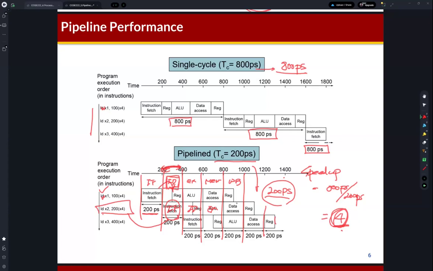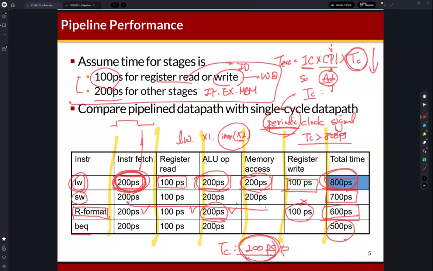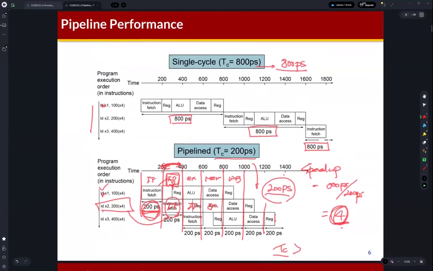It is because the TC, the clock period, is determined by the longest delay, and the longest delay is 200 picoseconds, right? Actually, the time for each stage is not balanced. So in this case, the speed up is less than the number of stages, right?